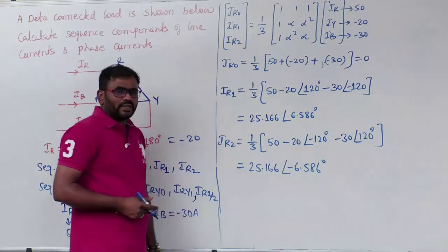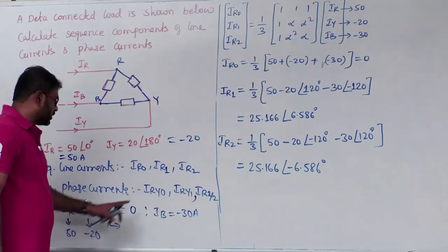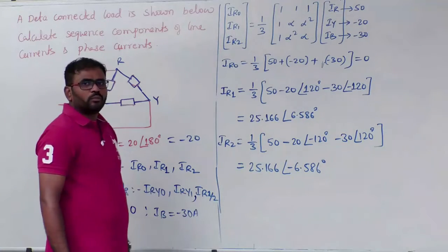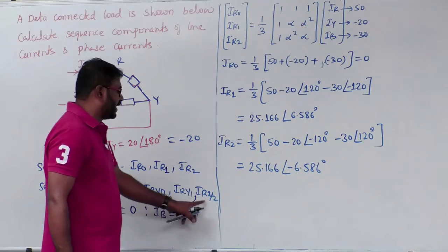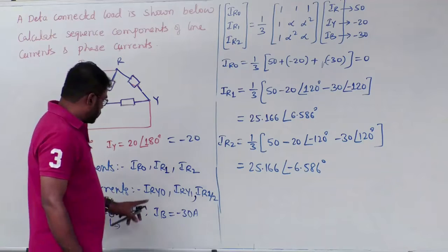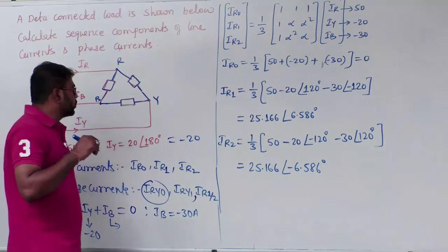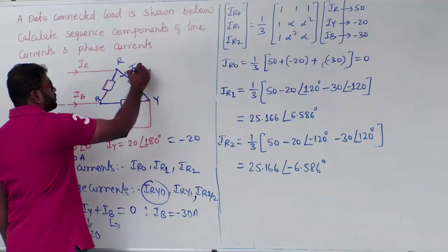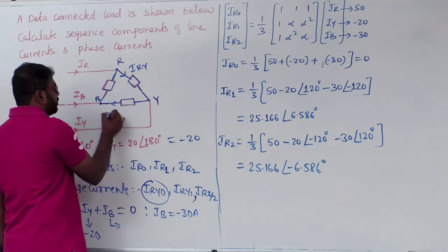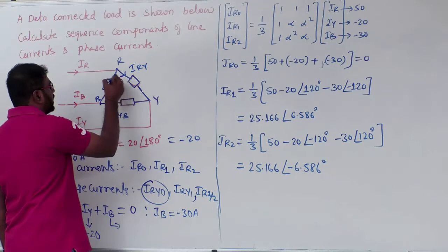Now later we need to calculate IRY0, IRY1 and IRY2. But how to calculate them? To calculate IRY0, the only way is we need to know IRY, IYB and IBR.